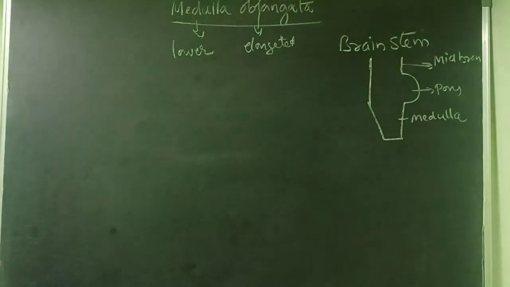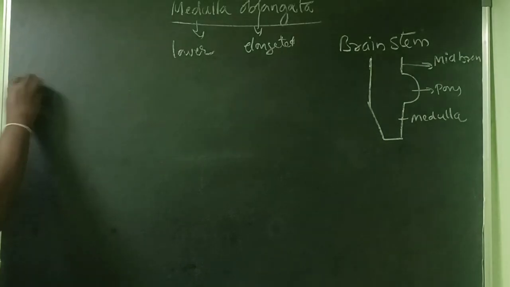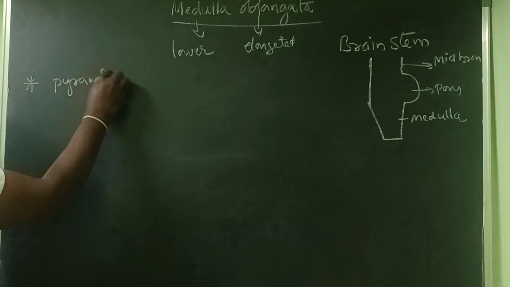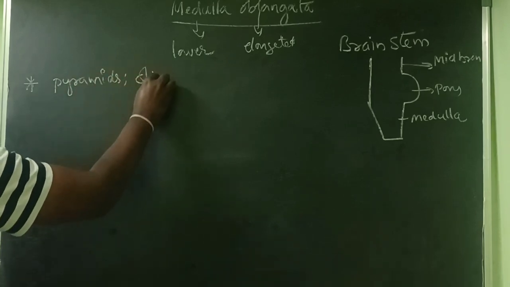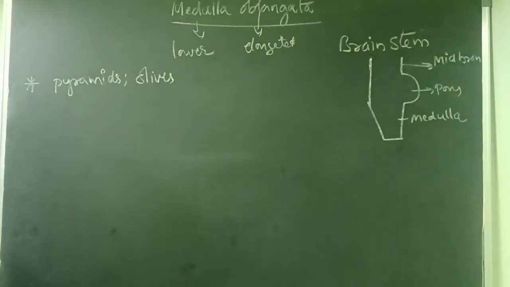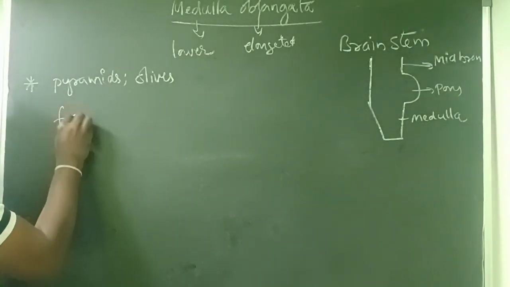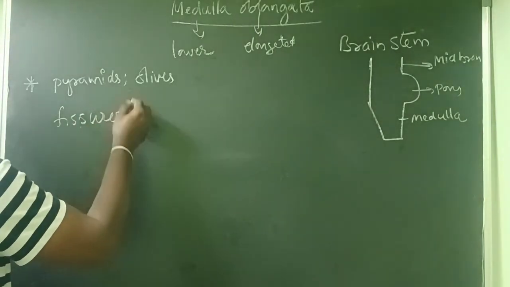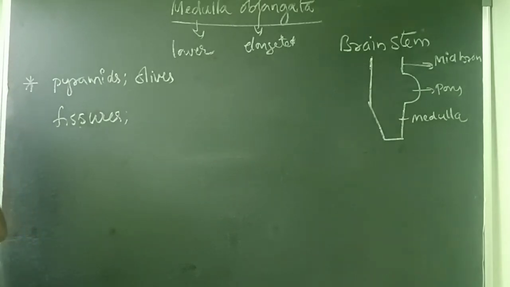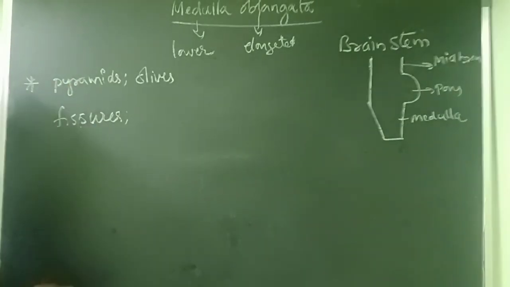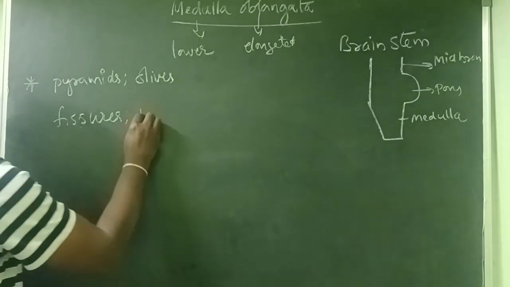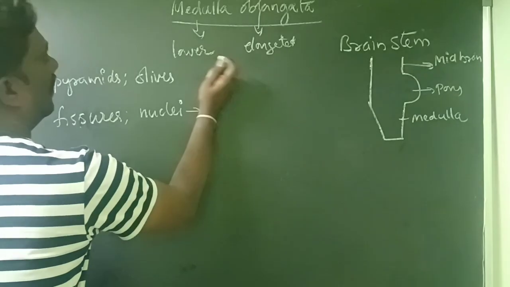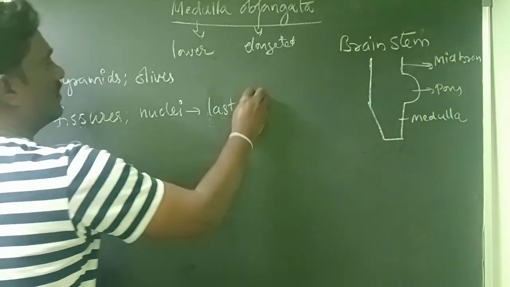The medulla oblongata has so many parts: pyramids and olives and fissures, and also the nucleus centers for the last four cranial nerves.